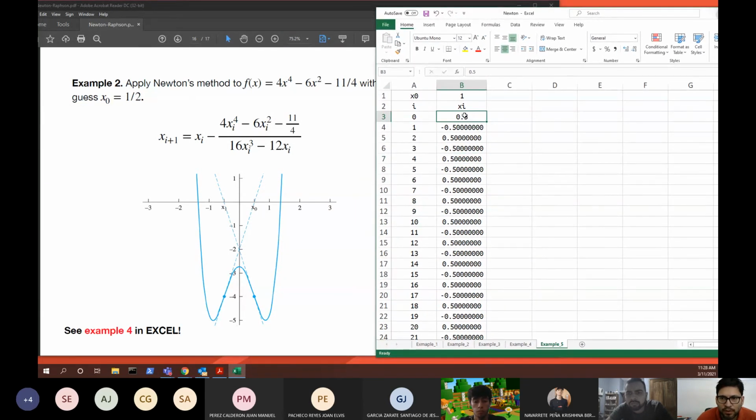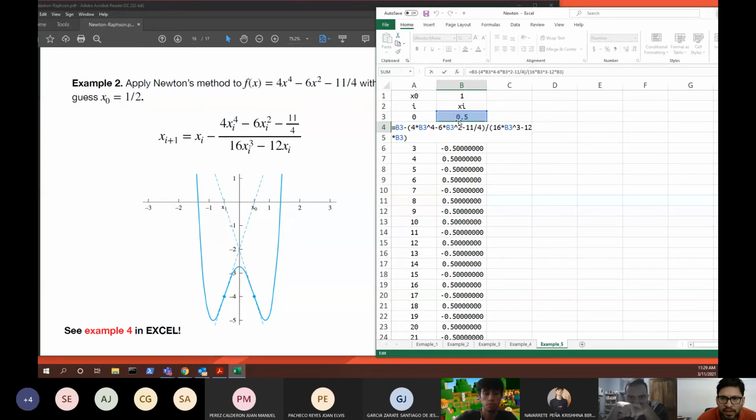I started with 0.5 and then I used this value, 0.5 minus 4 times x to the power 4 minus 6 of x to the power 2 minus 11 quarters divided by 16 to the power 3 minus 12 to the power 2 times 2x.